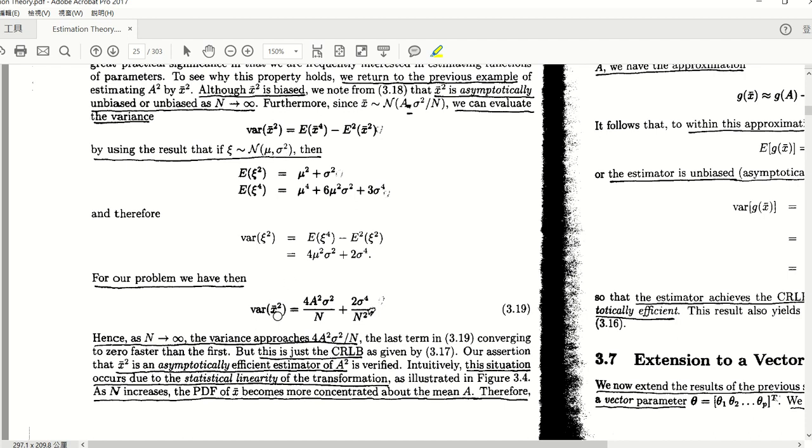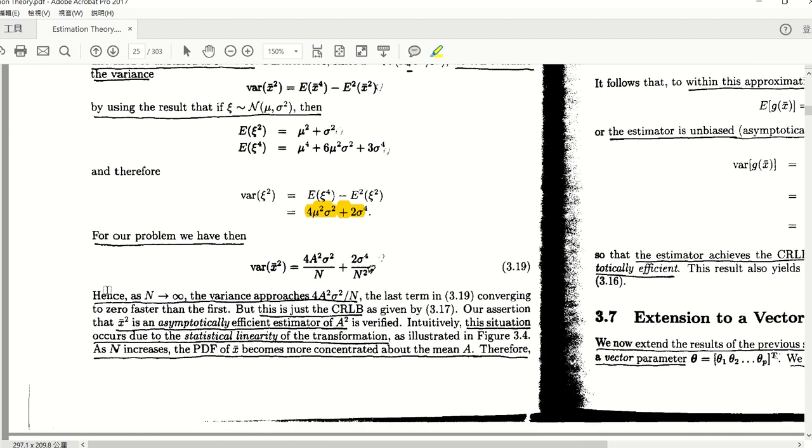And you can check, x bar actually has zero mean and sigma squared over n. So you put in zero mean and sigma squared over n, put the corresponding parameters in here, do some simplification, and you get something like that, but in terms of sigma squared, a and n. Okay, so that's how we get this. Just think of x bar as c here, and then you do the process one more time.